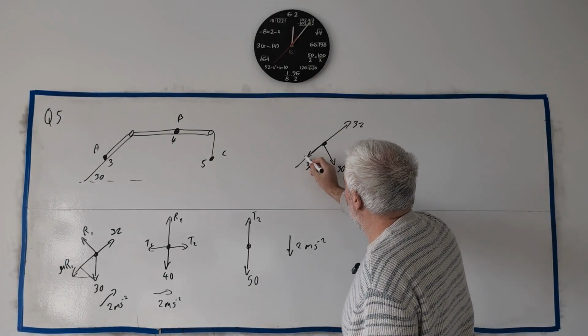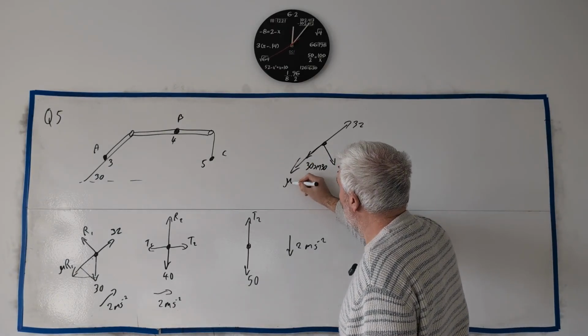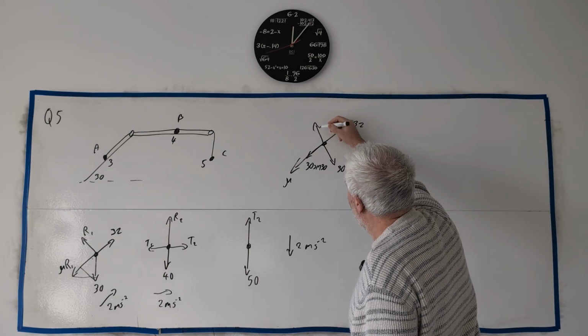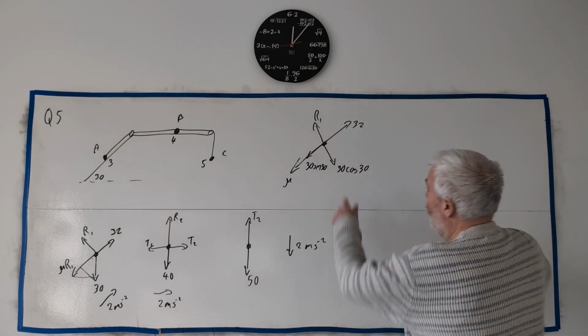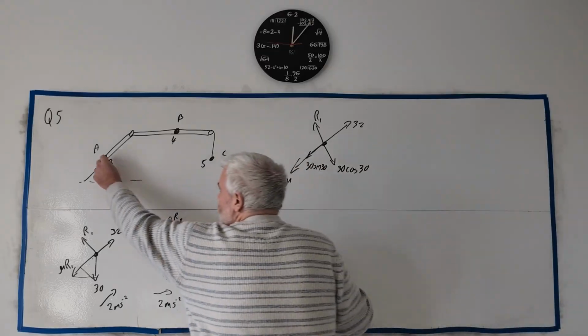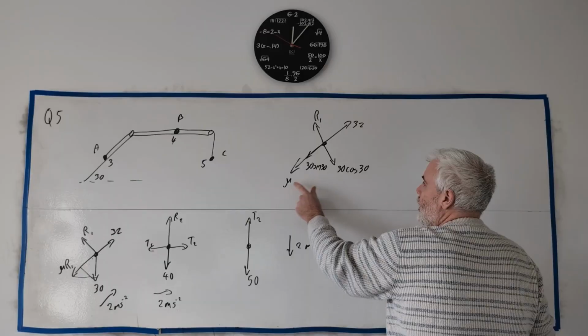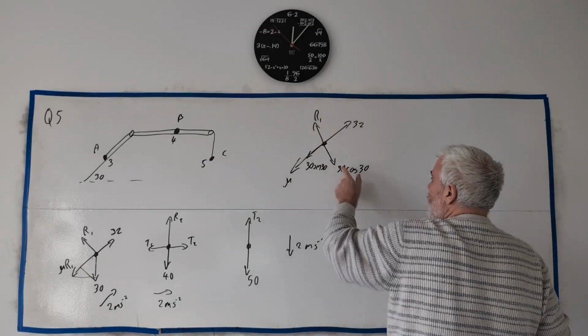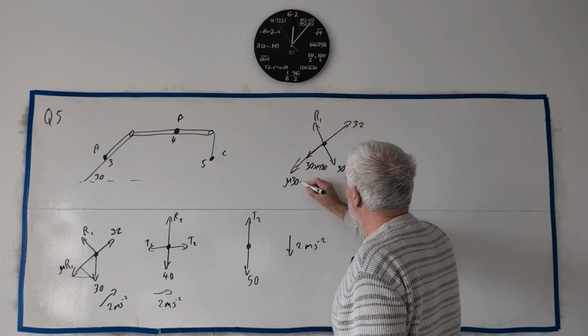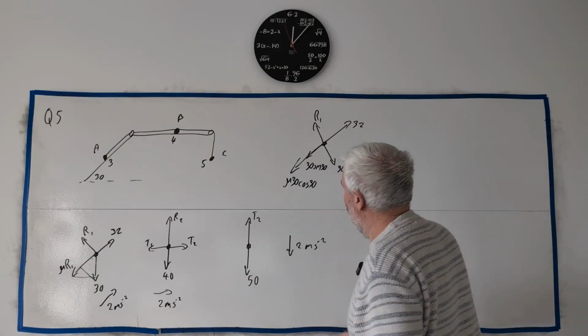And then there's another force here of mu times R1. But remember what R1 is. R1 must equal this. Again, this guy's not jumping up or down. So this number must equal this one. So it must be mu times R1, which is mu times 30 cosine 30.